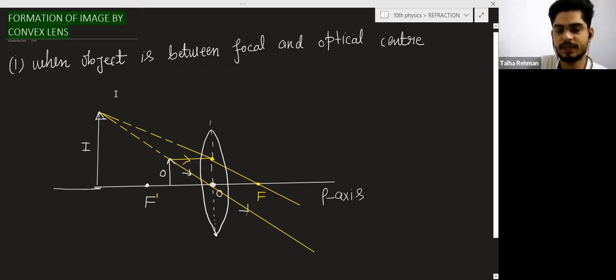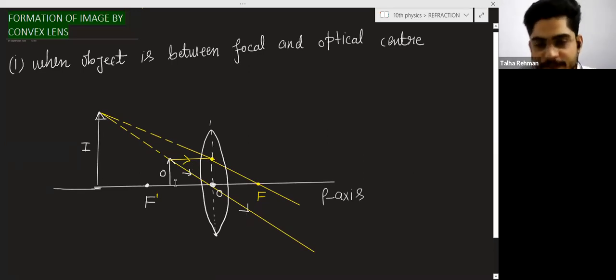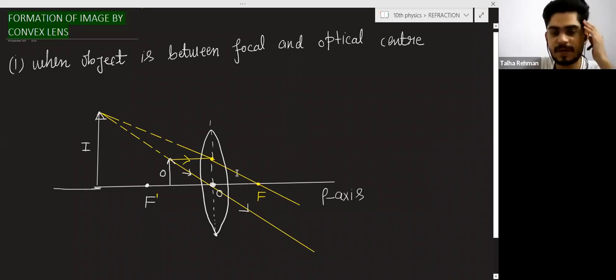See once again: a ray of light from this object parallel to the principal axis will pass through the focus.